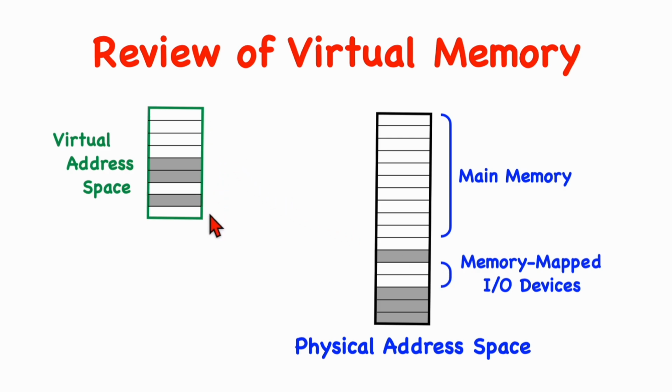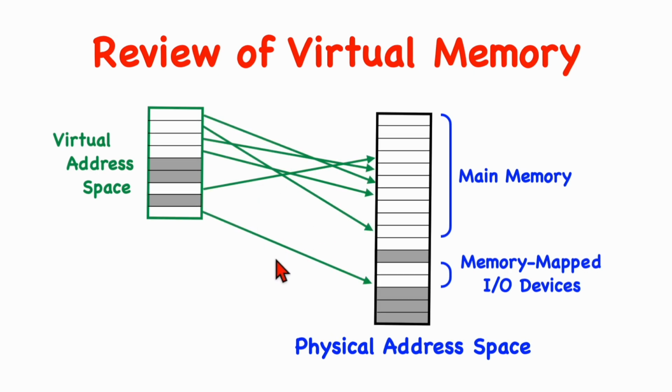The pages of the virtual address space are mapped into physical pages, and here's a sample mapping. For example, when the user program reads or writes to address 0, which is in the first page of the address space as the user program sees it, it's actually reading or writing to this page here of real memory.